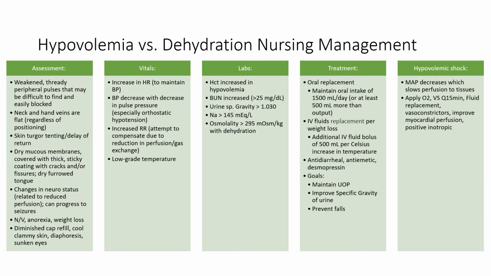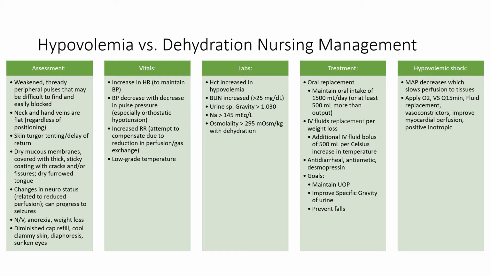So our goals for treatment for these clients are going to be to maintain a urinary output of that minimum of 400 to 600 per day, hopefully more. And ideally, however much their intake they're getting out as an output. So maintaining that urinary output, making sure that their kidneys are still properly functioning, improving their specific gravity of their urine, and preventing any falls, especially due to that neurostatus changes.